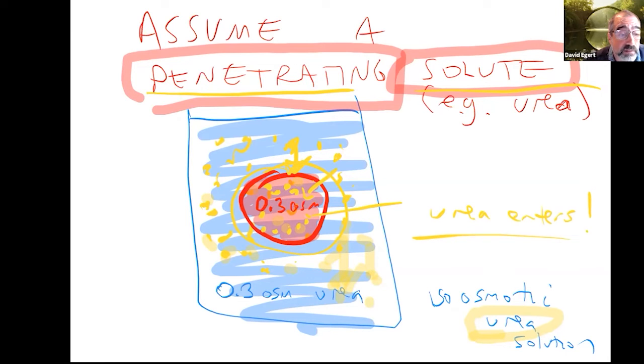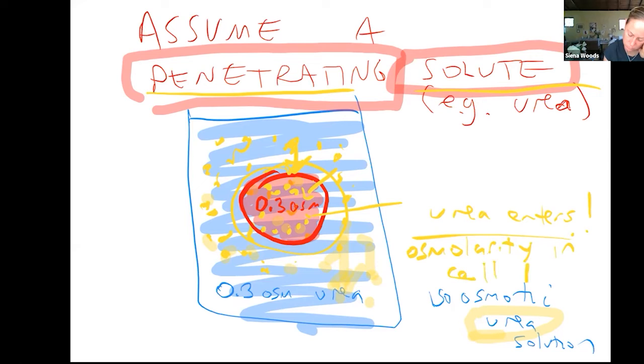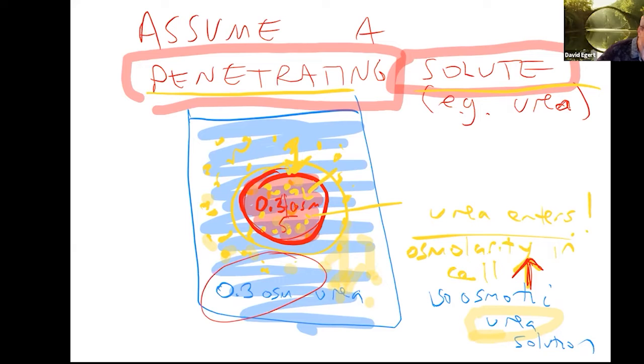What's going to happen to the osmolarity inside that cell as I start adding more solute in addition to what's already in there? It's going to go up. So now I have a higher osmolarity in here, maybe going up to 0.4 or 0.5, whatever. It's still 0.3 out here.